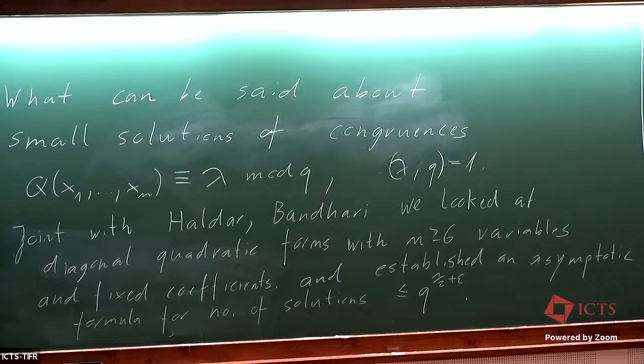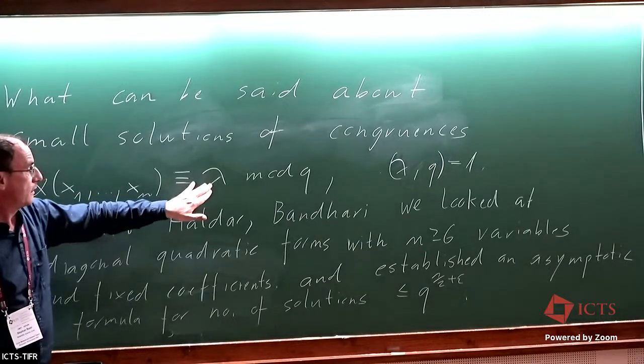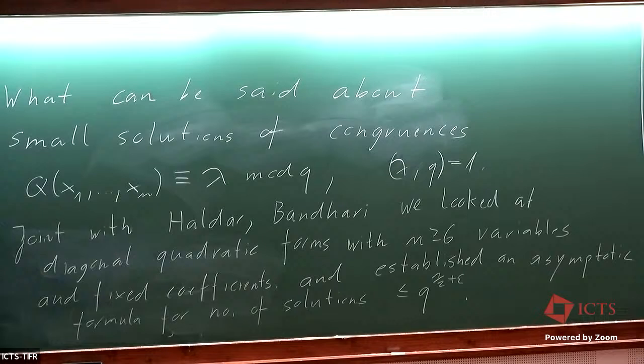And the interesting thing is, when you analyze the number of solutions, you start again by detecting the congruence using additive characters and Poisson summation. What happens then is quite interesting. First, of course, there will be Gauss sums coming up, quadratic Gauss sums. Then you evaluate them.